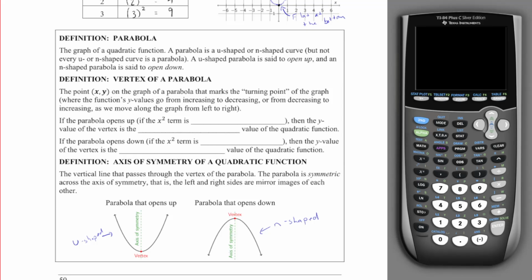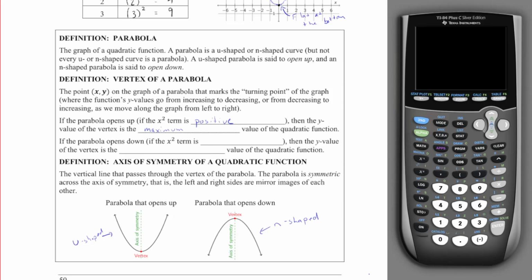There's a special point on the parabola called the vertex. And the vertex is that highest or lowest point where the graph turns from going down to up or from up to down. If the parabola opens up, which happens when the x squared term is positive, then the y value of the vertex is the maximum value of the function.